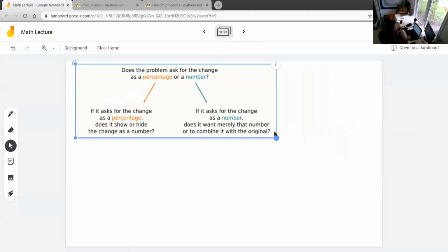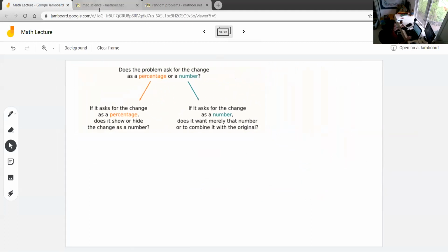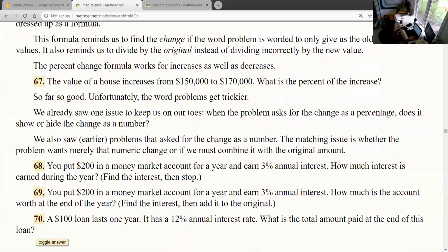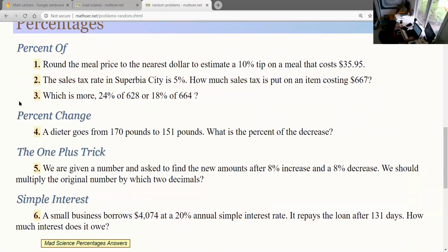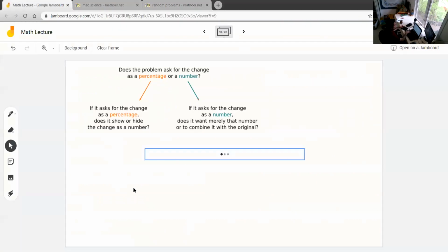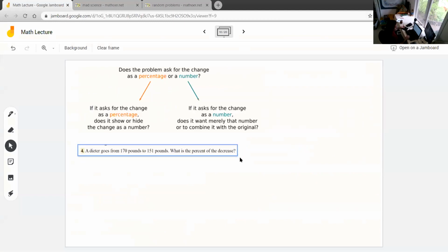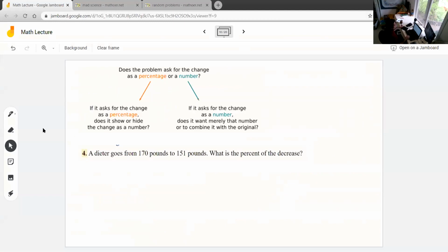Let's start with a random homework problem. A dieter goes from 170 pounds to 151 pounds.